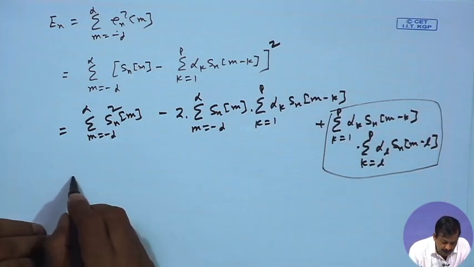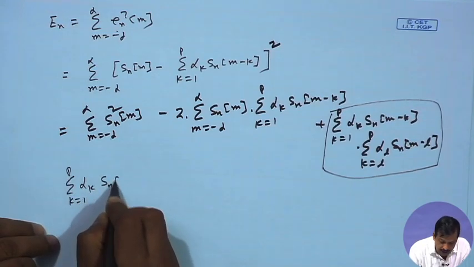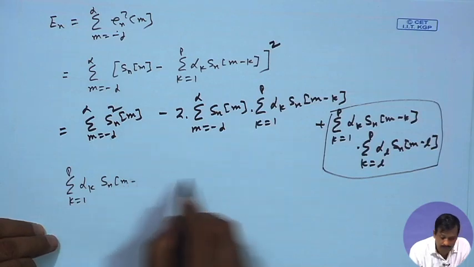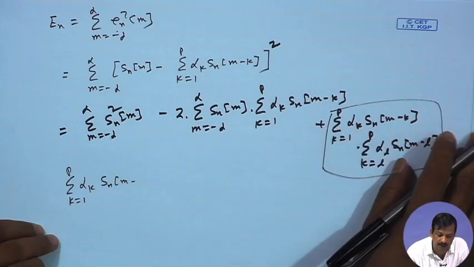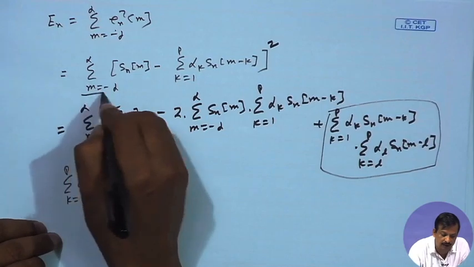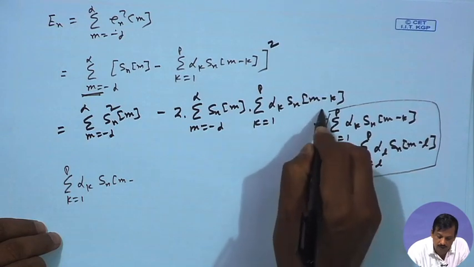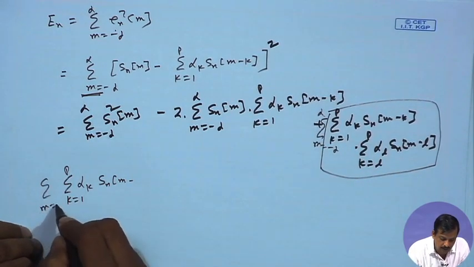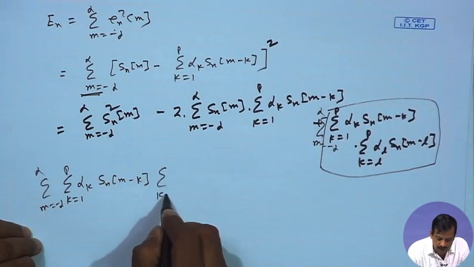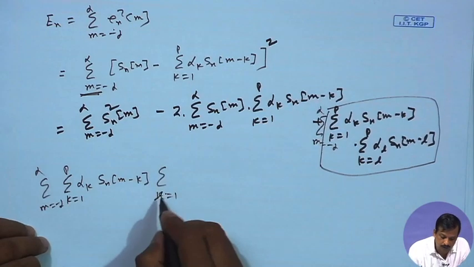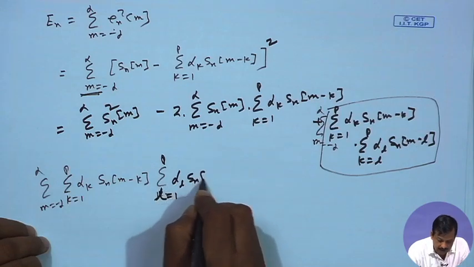The third term has the sum over k equal to 1 to p of alpha k s n of m minus k, and there will be another summation, an infinite sum over m from minus infinity to infinity, with another term, the sum over l equal to 1 to p of alpha l s n of m minus l.